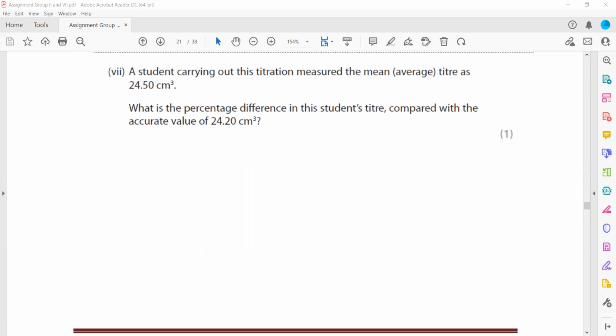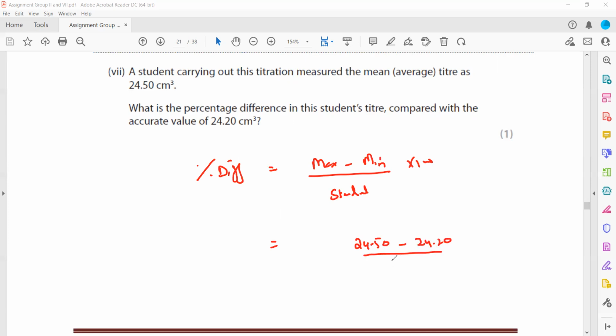When calculating a percentage difference, with the standard value, it is the maximum minus minimum divided by the standard, times 100. So the maximum value is 24.50, the minimum is 24.20, and the standard is 24.20, times 100. When we simplify, we get the percentage difference, which is about 1.24%.